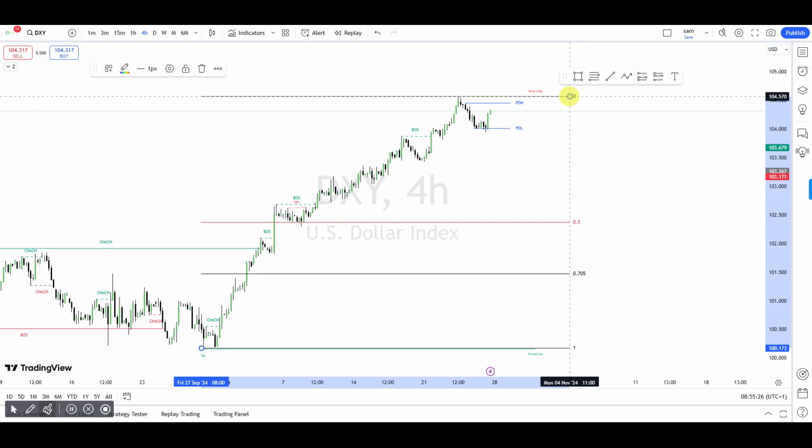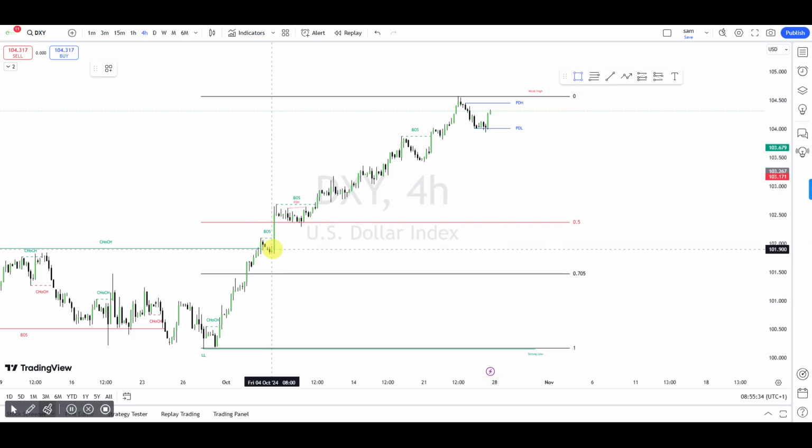So what reference point am I expecting? Below this equilibrium, I'm expecting this fair value gap to be respected.